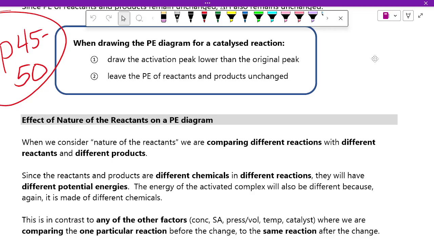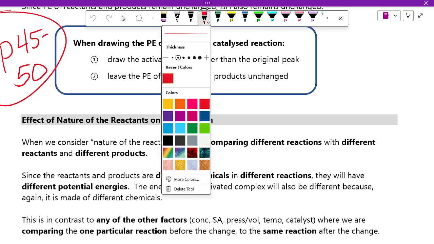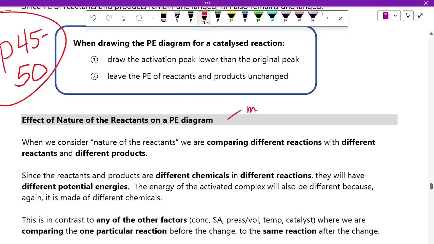In contrast, okay. So this is just like what we were saying when we were doing this for factors affecting rate. It makes the difference between two different reactions.